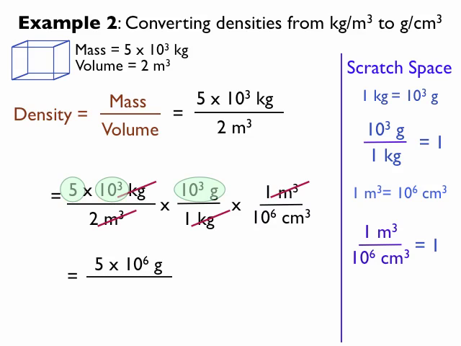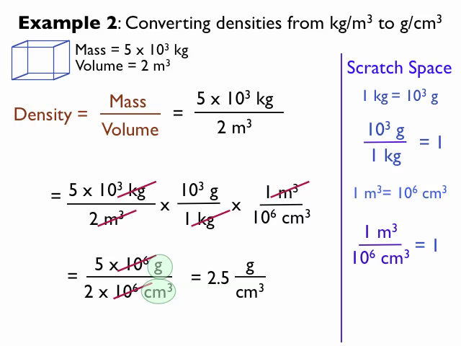On the bottom, we have 2 times 10 to the 6th centimeters cubed. Notice that the 10 to the 6th powers cancel, and 5 divided by 2 is 2.5, so our final answer is 2.5 grams per cubic centimeter.